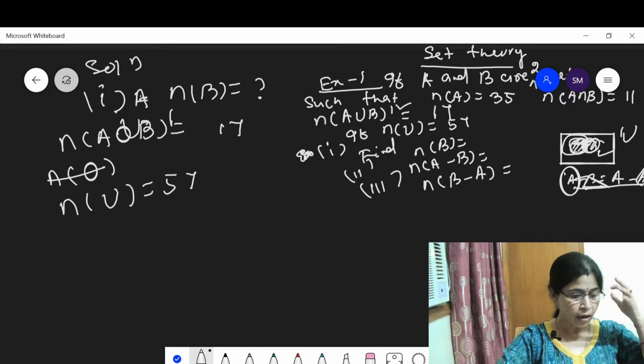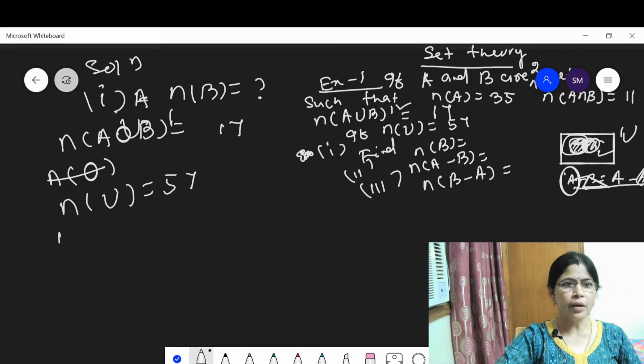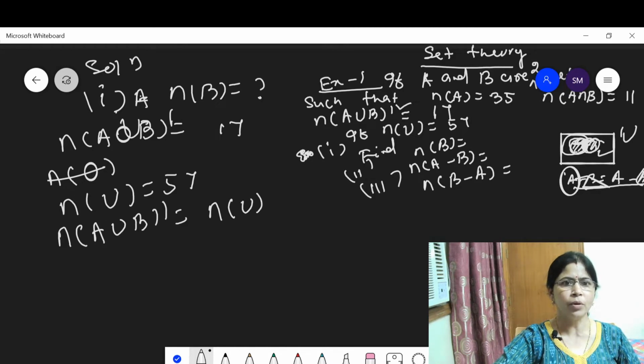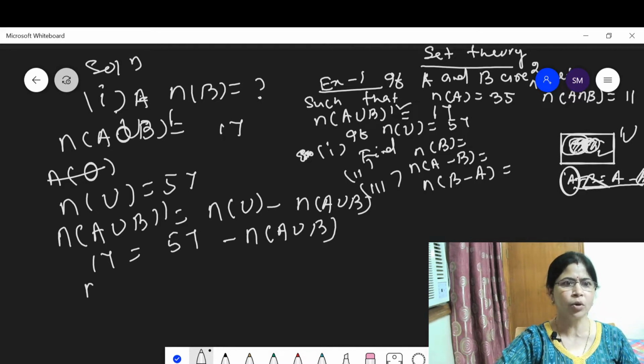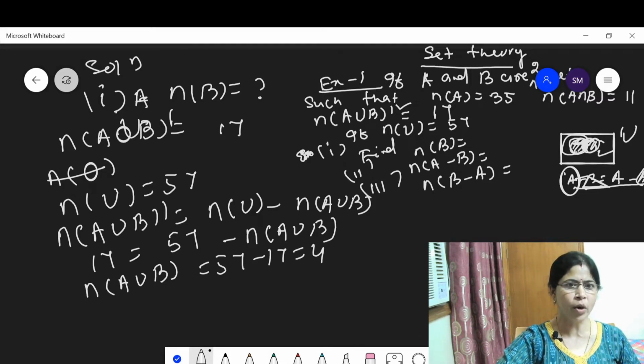Then n of (A union B) dash means n of U minus n of (A union B). Here (A union B) dash is given as 17 and n of U is given as 57. Then the number of elements present in A union B is equal to 57 minus 17, which is equal to 40.